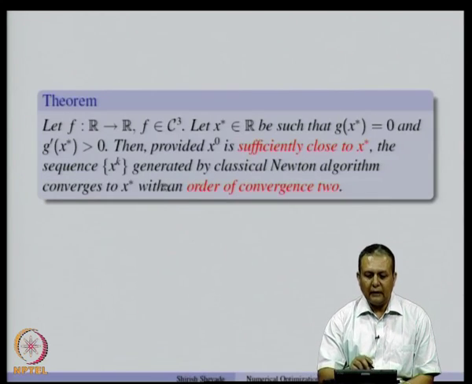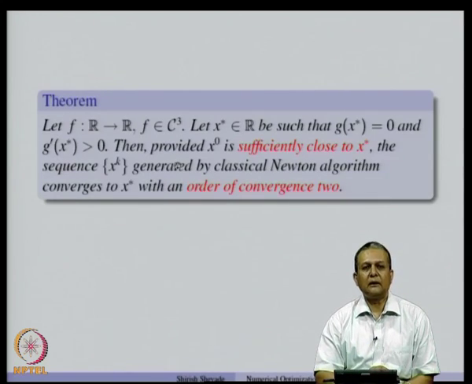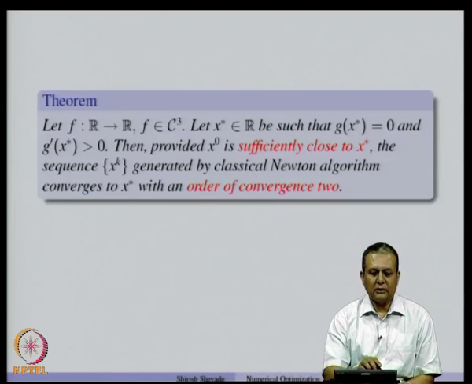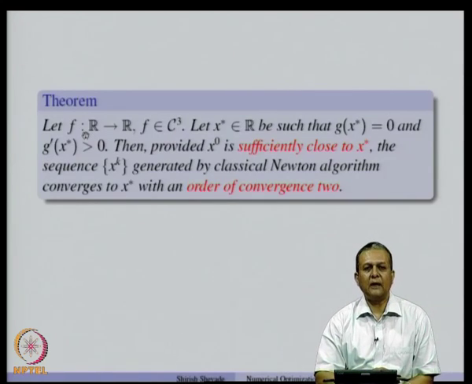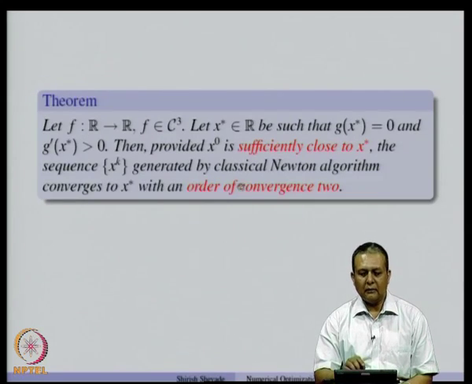So, this result can be extended to a general case where we have a function f from R^n to R. But the important part is that the Newton method, when it starts with a point which is sufficiently close to x star, does converge to x star with order of convergence 2.